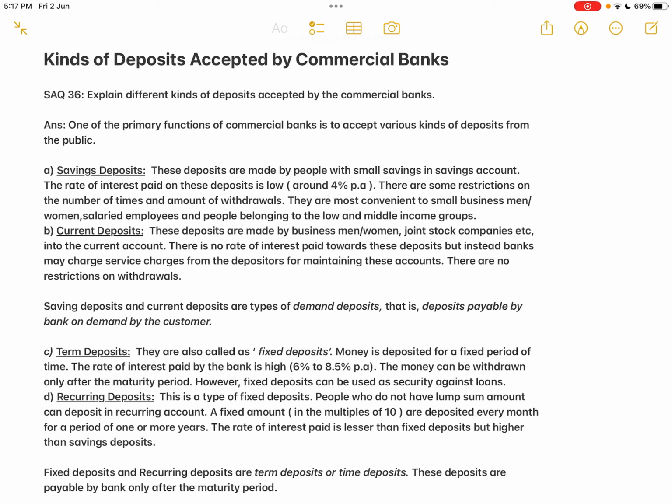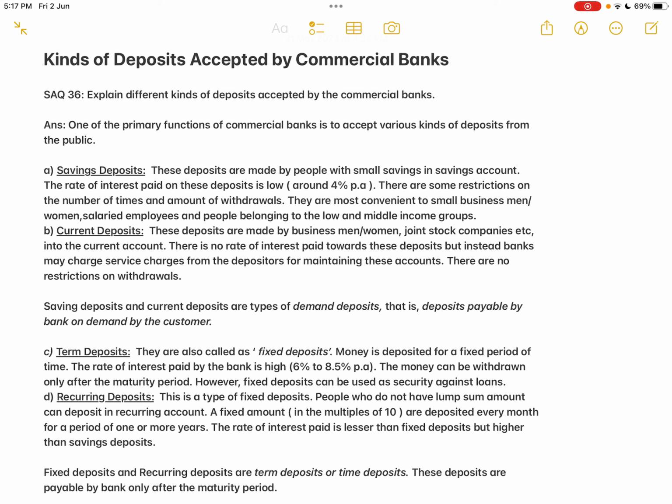And the second one, current deposits. These deposits are made by businessmen or women, joint stock companies, etc., into the current account. There is no rate of interest paid towards these deposits, but instead, banks may charge service charges from the depositors for maintaining these accounts, because the bank is maintaining these accounts on behalf of the customer.